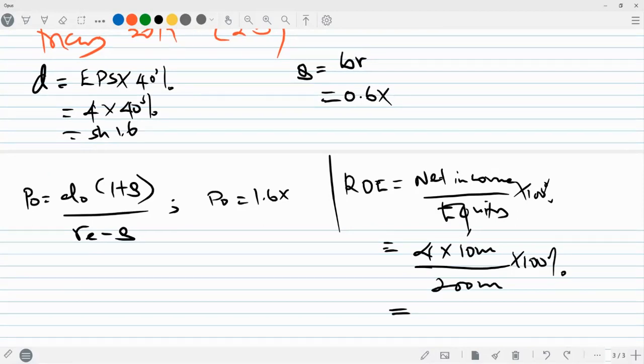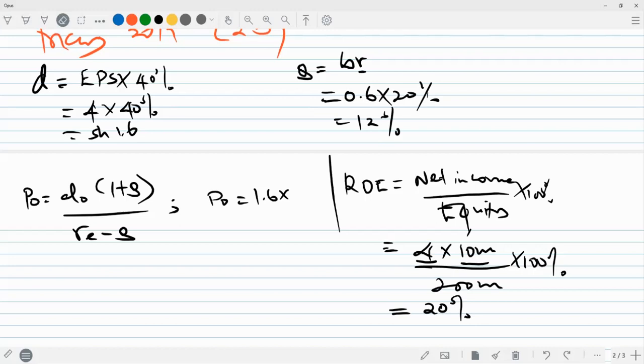Don't forget, the net income per share is 4, and the company has 10 million issued shares. Therefore, total net income is 4 times 10 million, divided by equity of 200 million. How much is the return on equity? 20%. Therefore, r is 20%. We get a growth of 12%.